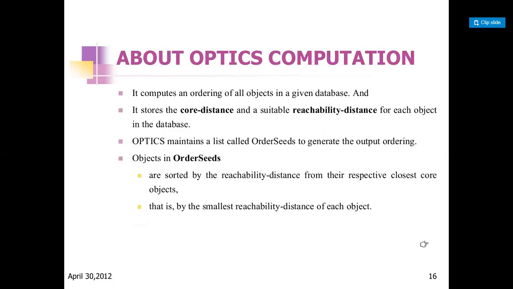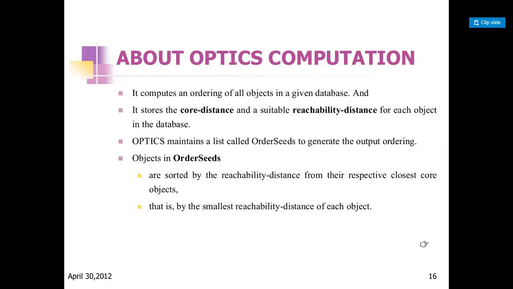So we know the two terms, reachability distance and core distance, that will be used in OPTICS computation. Now we go for an example. Before going to the example, it uses the objects in an ordered seed list, which are sorted by the reachability distance from their respective closest core object, that is, by the smallest reachability distance of each object.